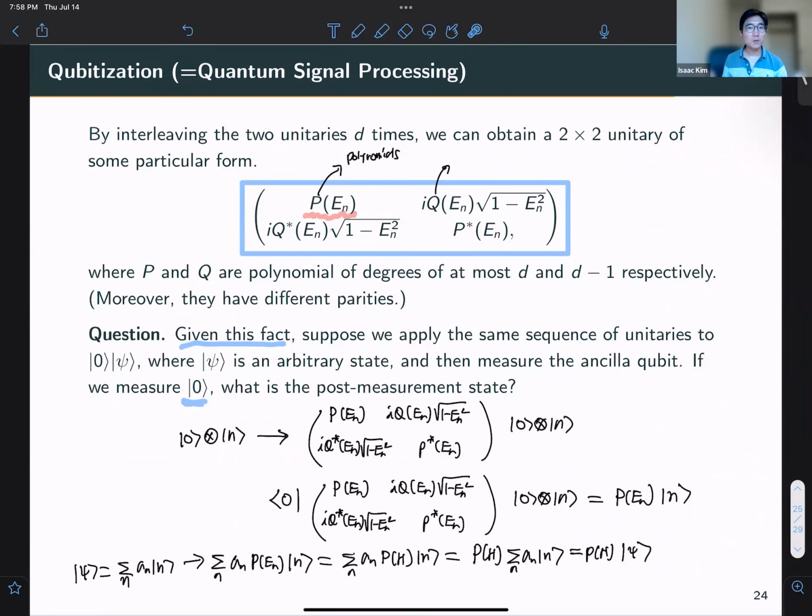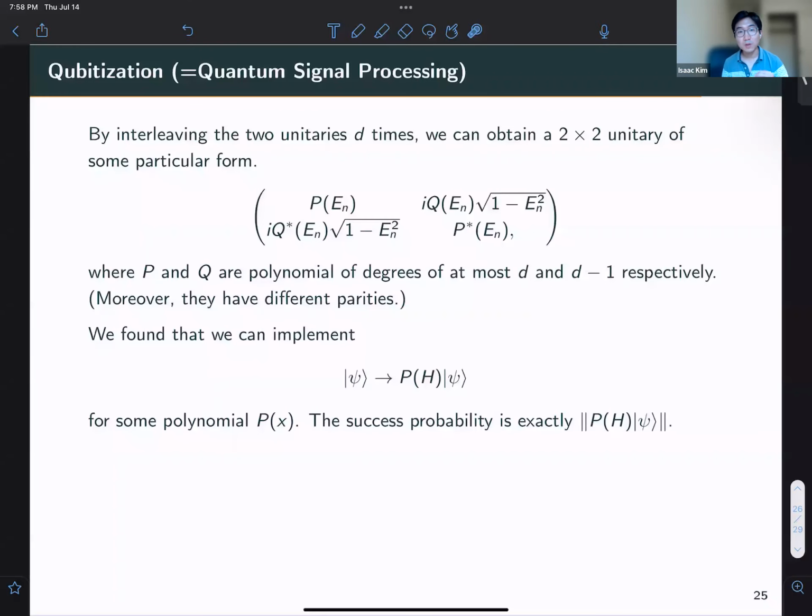And you didn't suffer from this exponential decay of success probability problem. The success probability is exactly equal to the norm of this vector, so that's it. So you have something that looks very nice.